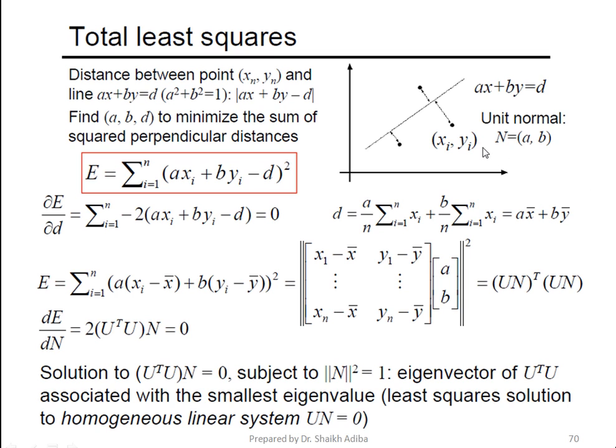By taking unit normal as n = (a, b), we can apply it here, and we have this equation. You can see, by taking the derivative of this, now here we will be taking the second derivative and applying. Now the magnitude of n square gives you the value of a, and here we have the eigenvector of UTU that is associated with the smallest eigenvalue, that is the least square solution of a homogeneous linear system.